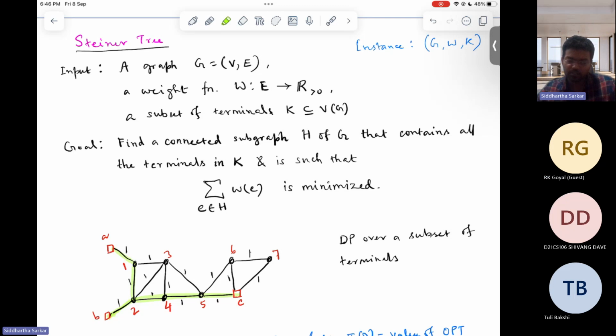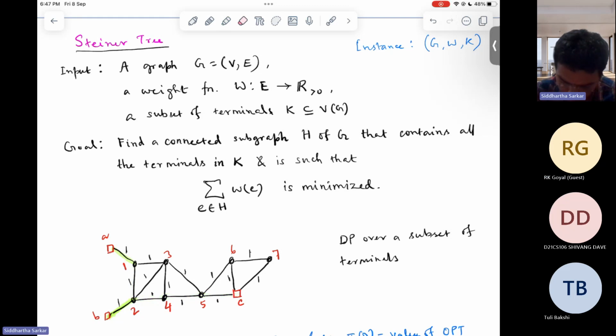So this is a valid Steiner tree, but we do not know if it is of minimum weight. Why is this a valid Steiner tree? Because A and C are connected. There is a path from A to C. Every pair of terminals is connected. But can we get better than this?